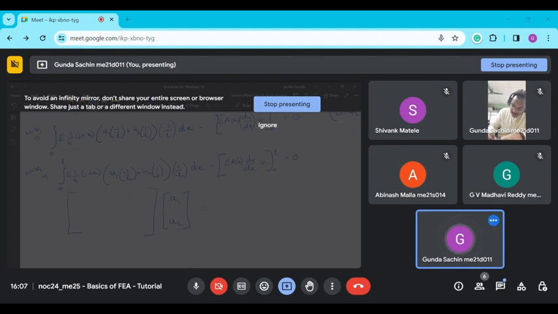So we will get a stiffness matrix with 4 terms, and this part will go as the first term, and we have minus 1 by L outside.